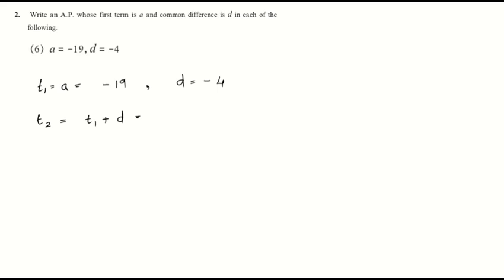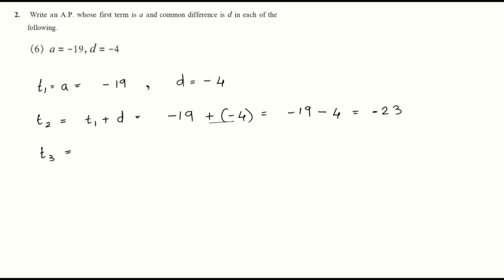What is T1? We have minus 19 plus the common difference minus 4. So how will we write this? Minus 19, plus into minus is minus 4. We got minus 19 and minus 4 as 23, and the sign of the bigger number is minus, so minus 23.